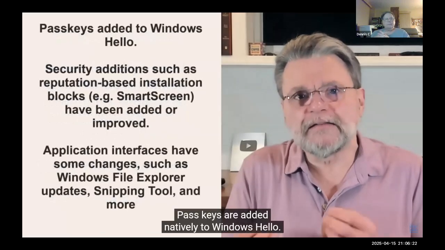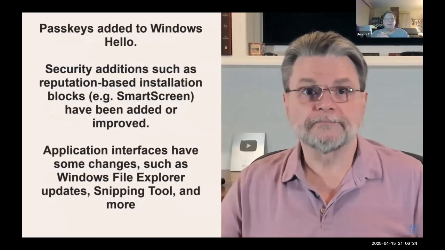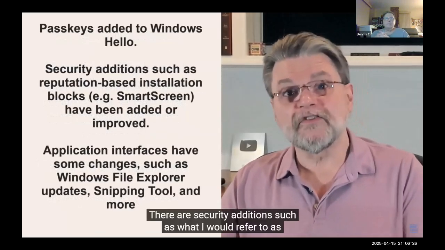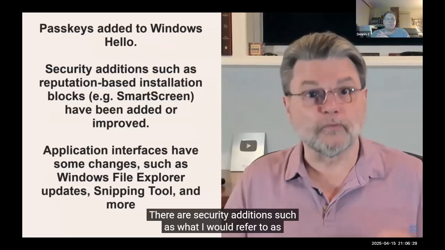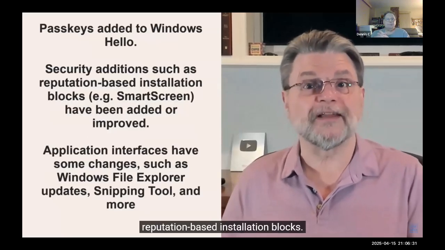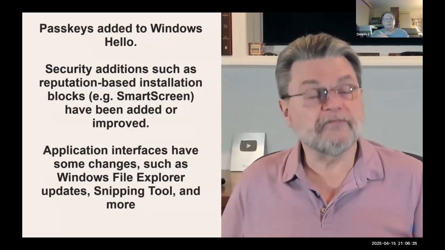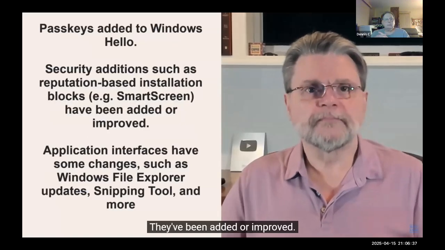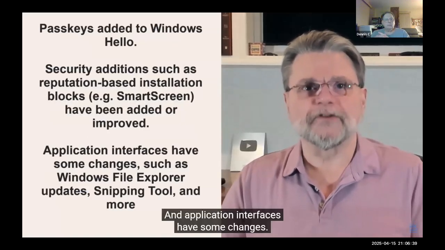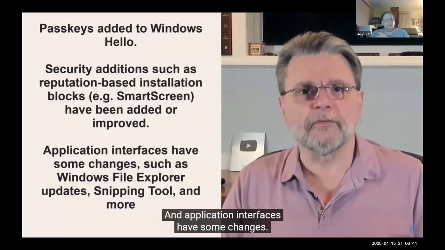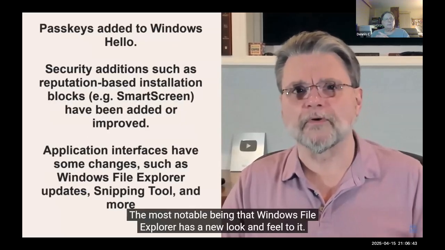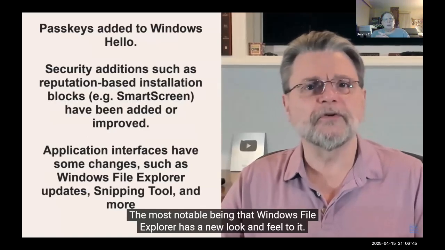Passkeys are added natively to Windows Hello. There are security additions such as what I would refer to as reputation-based installation blocks. Microsoft calls it Smart Screen. They've been added or improved. And application interfaces have some changes, the most notable being that Windows File Explorer has a new look and feel to it.